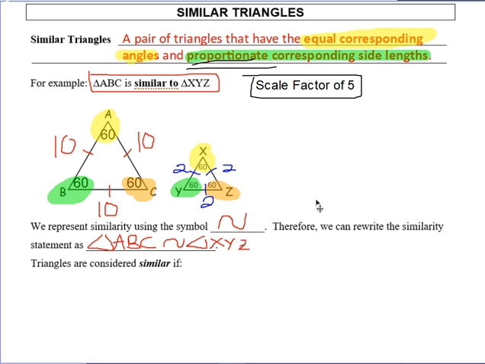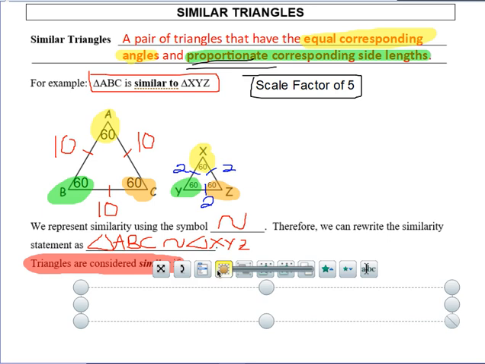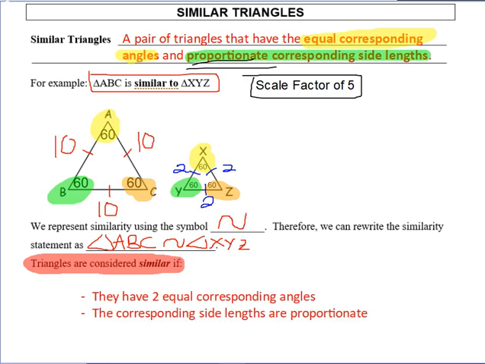Now, when does similarity exist? This one is going to get the red highlighter. Because it's that important, triangles are considered similar if there are 2 conditions. One of these conditions, which is probably the most important one, the one that we will see much more frequently than the other, is that they have two equal corresponding angles.